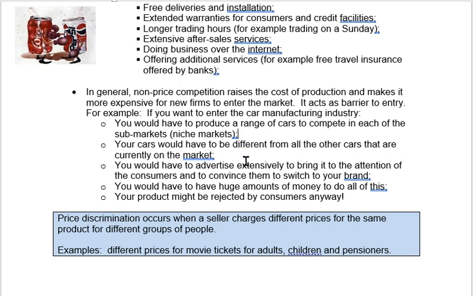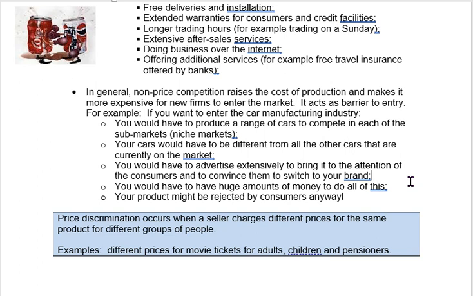Then my cars would have to be different from all the other cars currently on the market. So it can't be exactly the same thing. I have to make it slightly different to convince people that mine is better. Then I'm going to have to advertise extensively, and advertising is hugely expensive, so that I can try and convince people: stop buying Toyota, stop buying Volkswagen, stop buying BMW, come and buy my Lizzie brand.